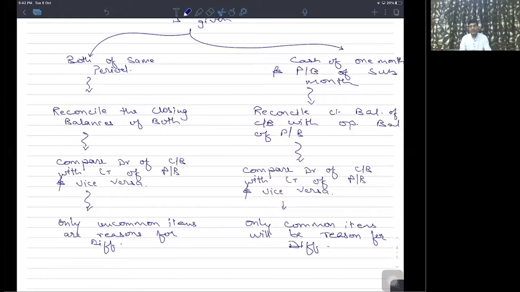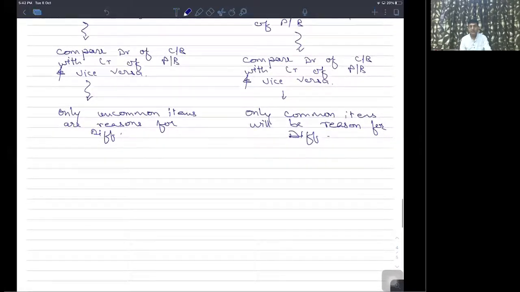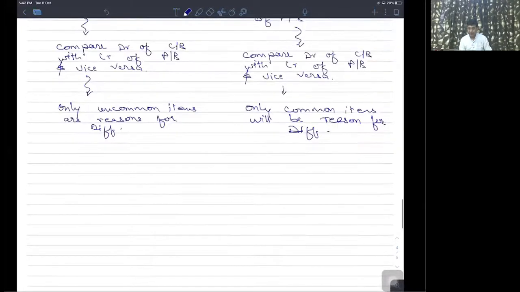But when you are given the cash book of one month and the passbook of subsequent month, तो जो कैश बुक में पिछले महीने में हमने ट्रांजैक्शन किए थे और पासबुक के इस महीने में रिफ्लेक्ट हो रहे हैं, those will be the reason for difference or not? Yes or no? So accordingly, the reason for difference are only common items when it comes to the cash book and passbook of different month.